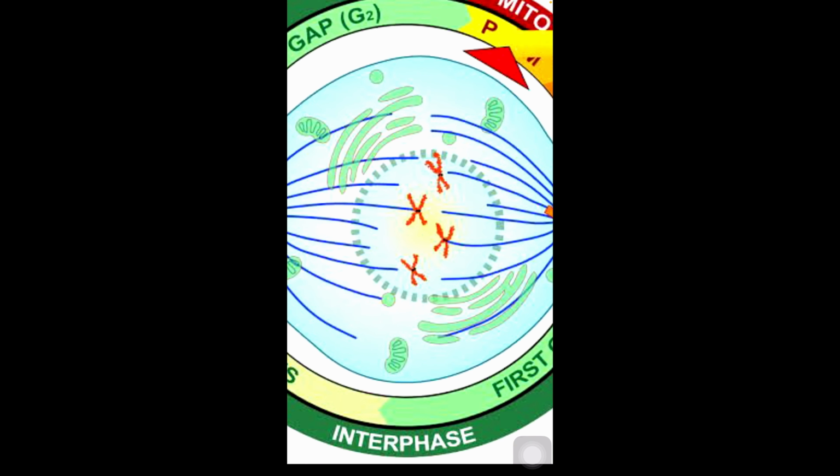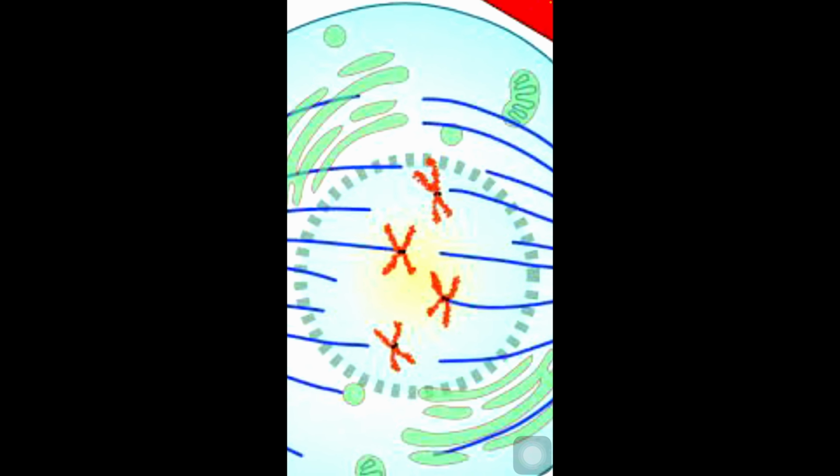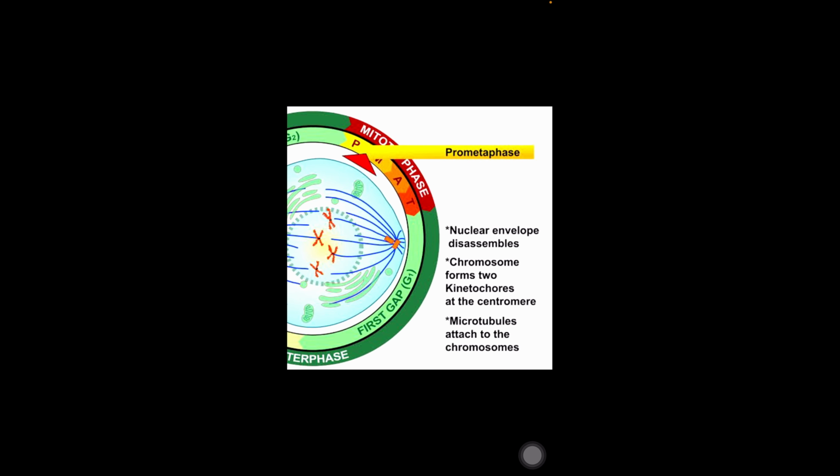Now, let's go to the next step, being the prometaphase. With the prometaphase, what happens is that the nuclear envelope itself disassembles. It begins to disintegrate. And the chromosome forms two kinetochores at the centromere. And microtubules attach to the chromosomes.